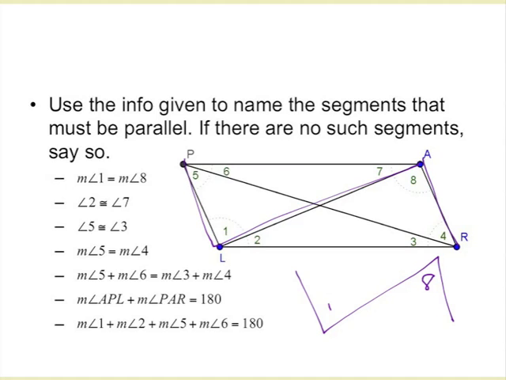I would see this. Those are alternate interior angles to each other, which make parallel lines. And the lines that they made were PL and AR. We don't have to justify them, but as we go through these, I will say why they are. It's important to think about that these are alternate interior angles, but you don't have to justify them.